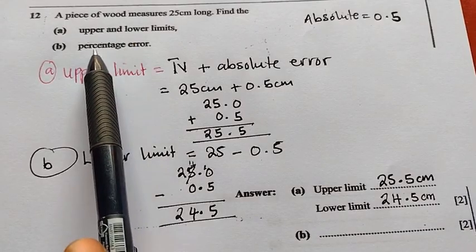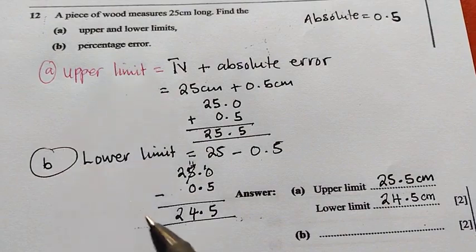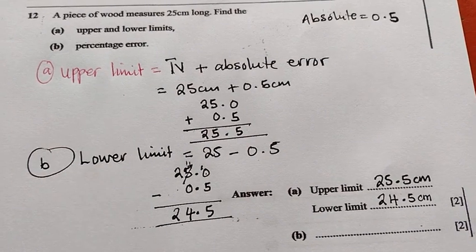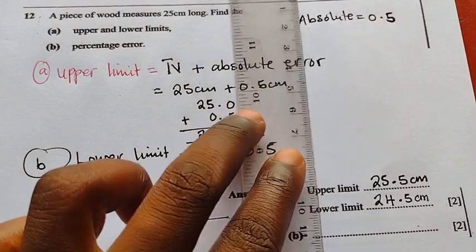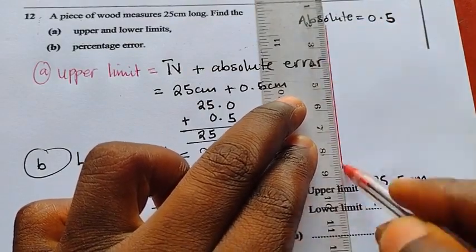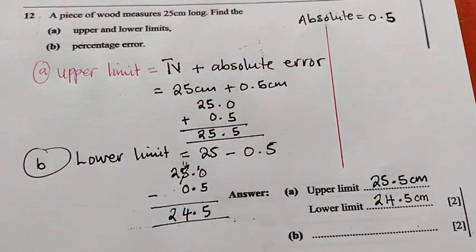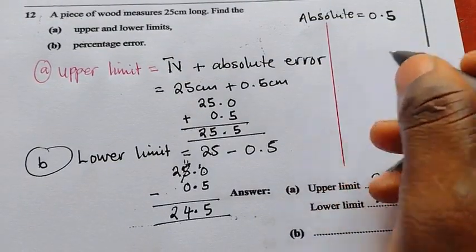Let us now come to question B, percentage error. So how do we find the percentage error? Follow me nicely. Allow me to create space right here for percentage error. The percentage error can be found using different methods.